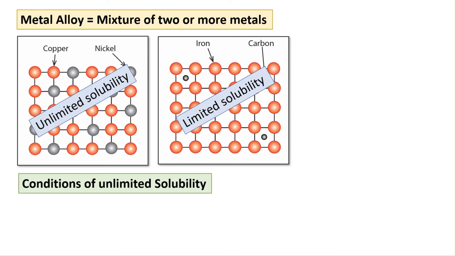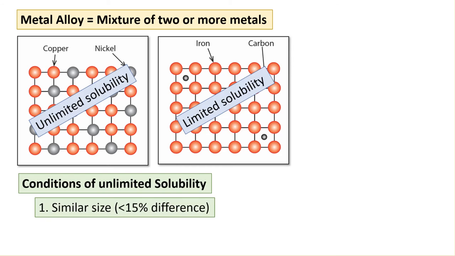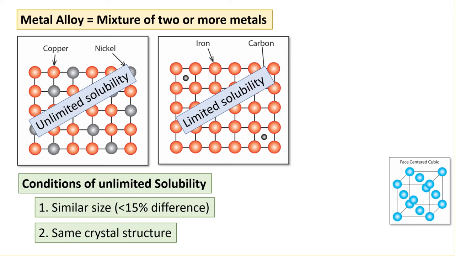Well, there are 4 conditions that both of the atoms have to satisfy in order for an alloy to have unlimited solubility. 1. They have to be roughly the same size. 2. They must have the same crystal structure. For example, both copper and nickel have a face-centered cubic structure. 3.